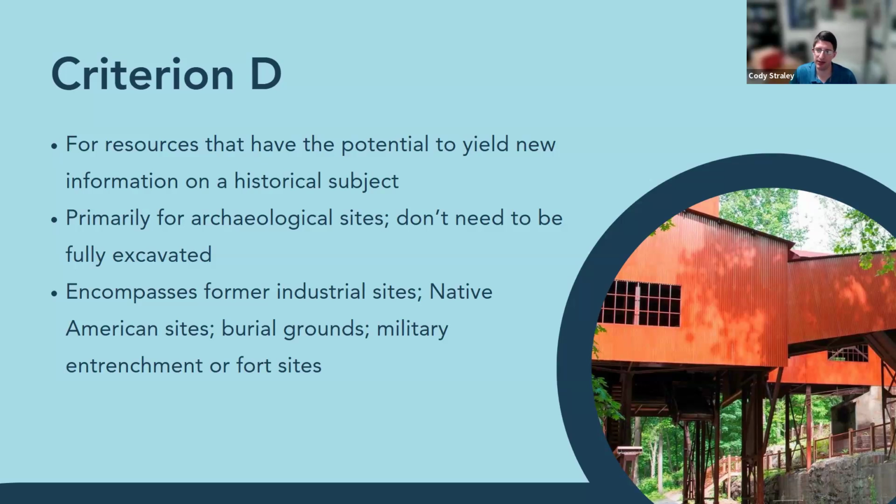Criterion D properties are normally Native American sites, burial grounds or burial mounds, historic battlefields, the sites of military entrenchments or old colonial era forts, and even some industrial sites too. One good example we have in West Virginia is the Nuttleburg Historic District.